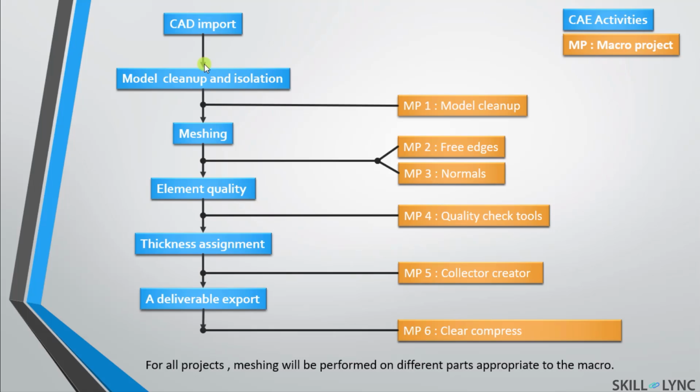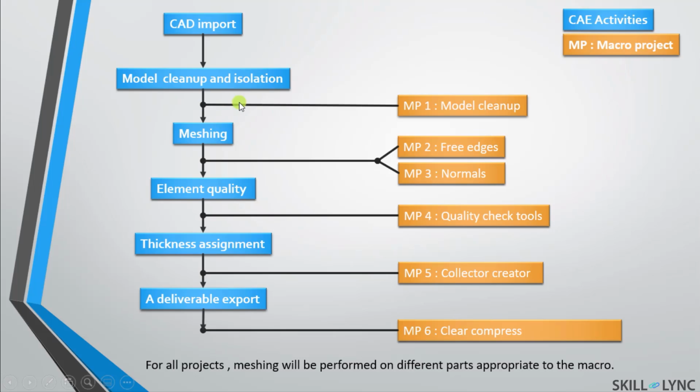And as you can understand, most of you will have decent machines, and yet you will have to keep clearing the clutter in the .hm file, which is why model cleanup and isolation is also very important. So here we will build our first macro, which is the model cleanup macro. What it is and what we should do, I'll explain when we actually start building it up.